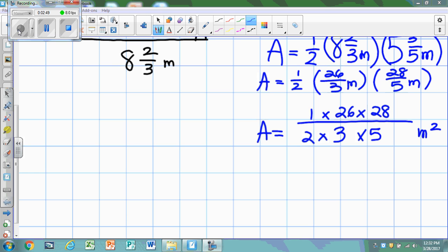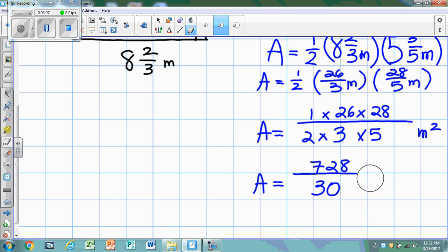Okay, folks, what is 26 times 28? 728. And that goes over 2 times 3 times 5. And what is 2 times 3? 6 times 5. So we have 728 thirtieths. And I'm going to put my meters squared.